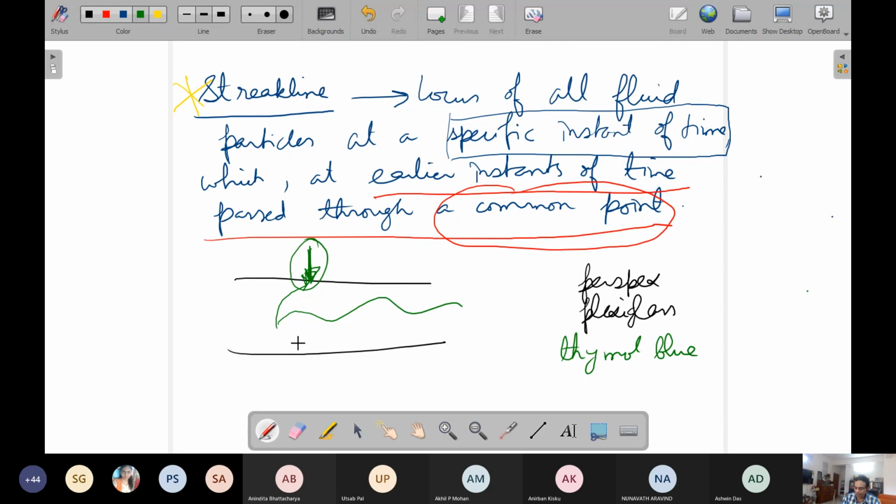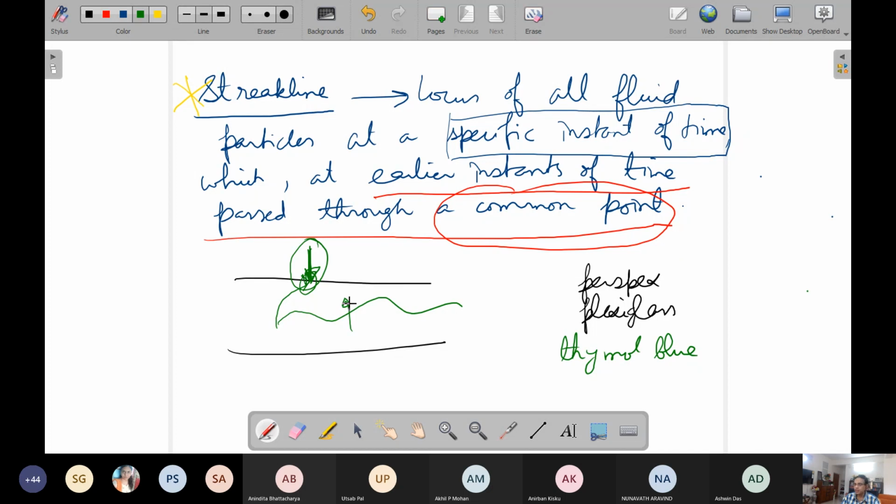So the line that you see must be representative of those particles, fluid particles, which passed through the point of dye injection. Had they never passed through the point of dye injection, they would normally not get colored unless there is a diffusion across various layers of flow.